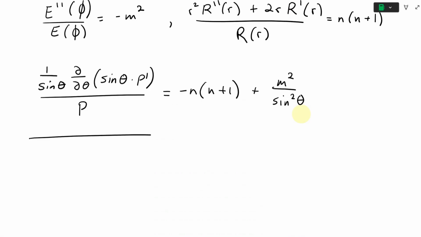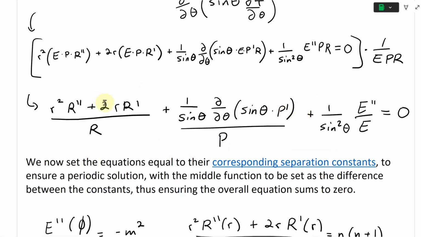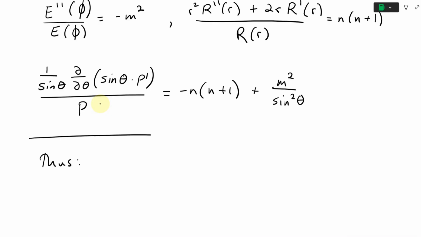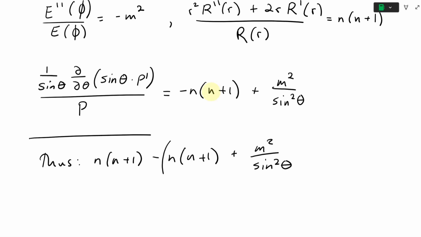All right, so we have that. So thus, and again, the reason is so that on the left side here we'll have n plus 1, so they all equal 0. Now the middle term is going to be negative n plus 1, then plus m squared over sine squared theta. So again, this is the middle term, like that.